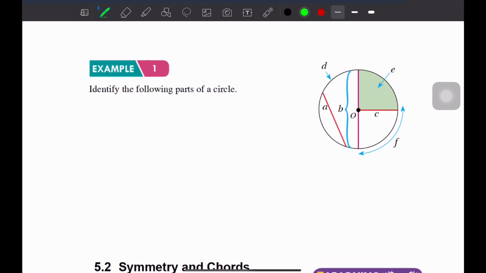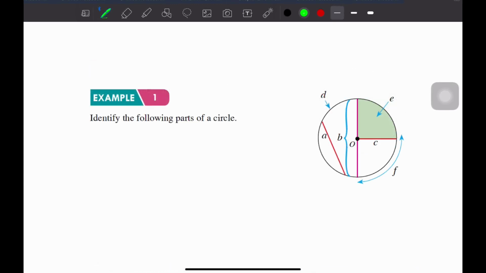Next, let's look at the first example. Example 1, identify the following parts of a circle. So there is A, B, C, D, E, F. Let's look one by one.